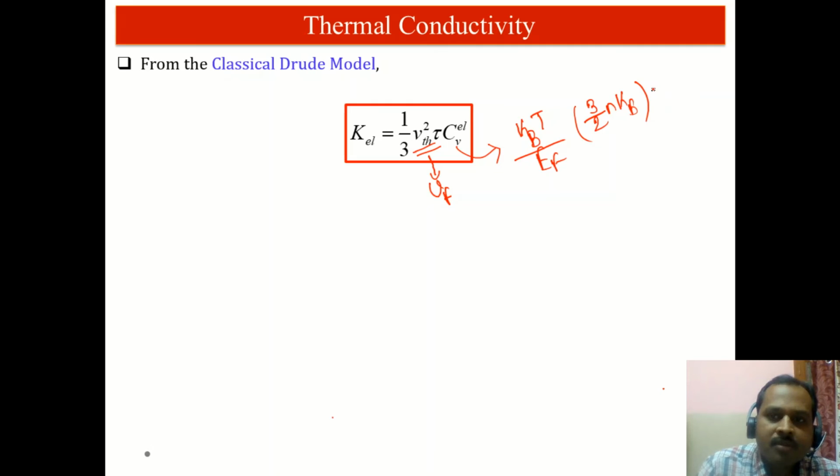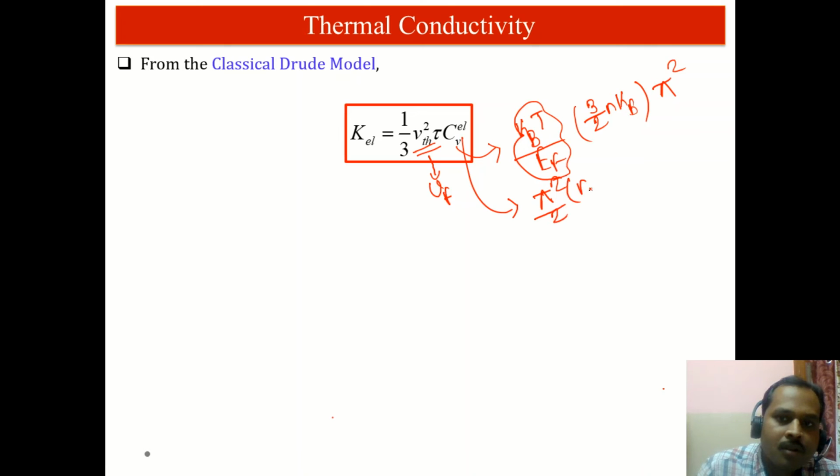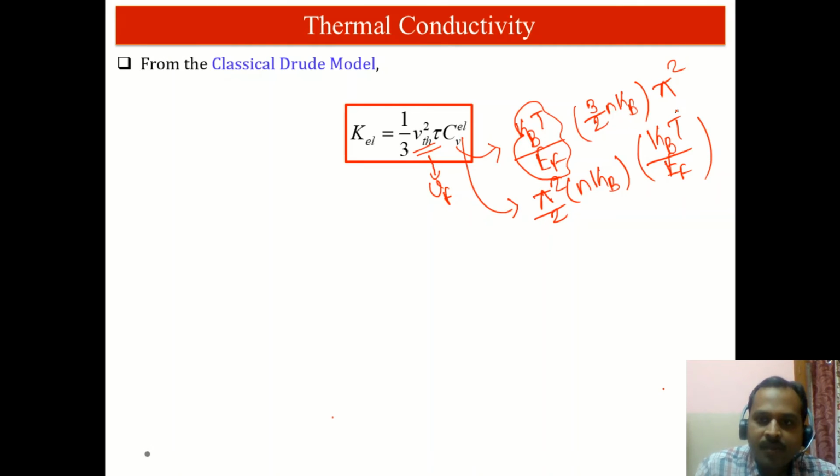Times some constant terms, pi square by some constant terms are there, but what is important is this kBT by EF. Quantum mechanically we know that this is pi square by 2 kBT by EF, whereas classically it is 3 by 2 N kB.